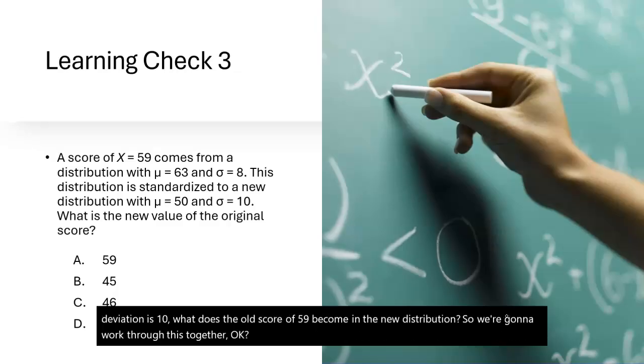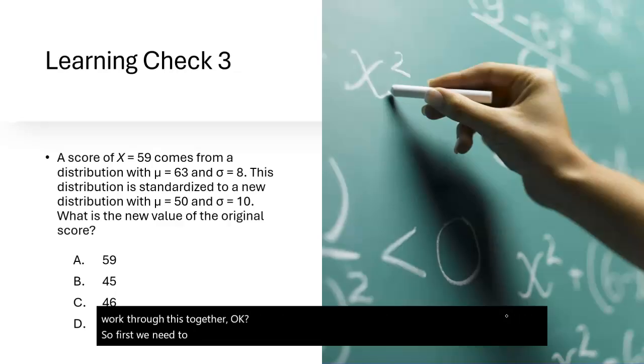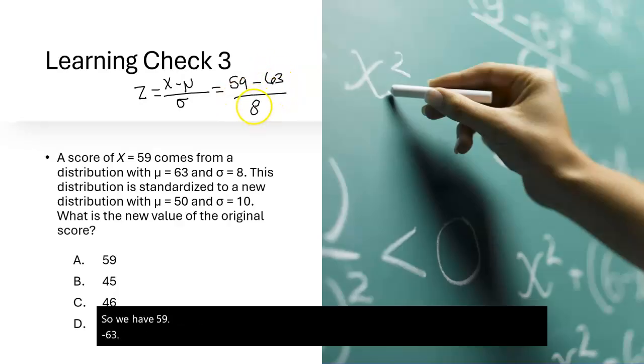So first we need to calculate the z-score in the original distribution. So we have z equals x minus the population mean. So we have 59 minus 60 over 8, which would equal negative 4 over 8, which would equal negative 0.5.